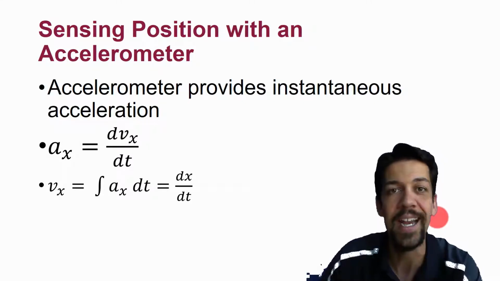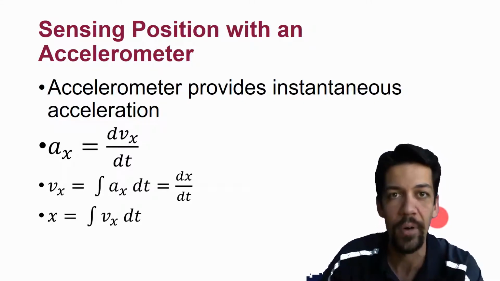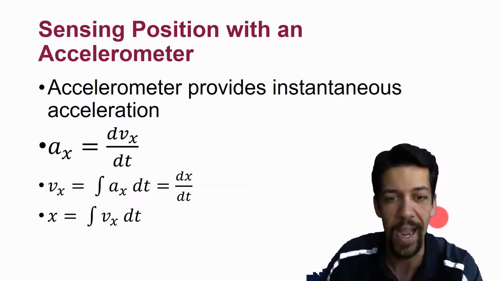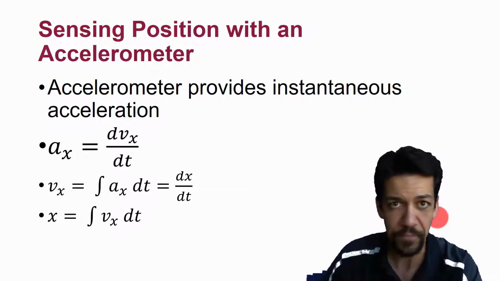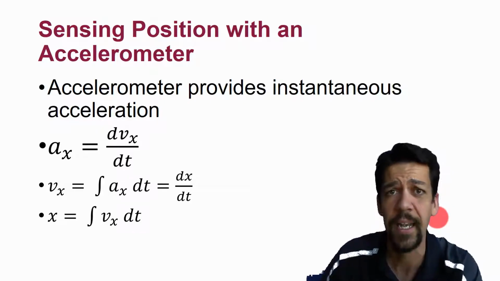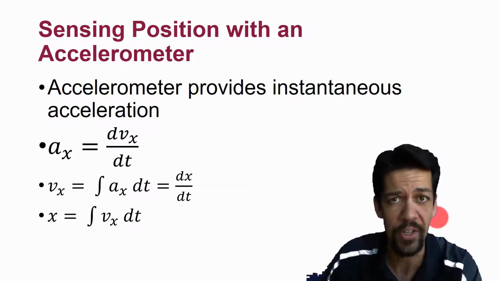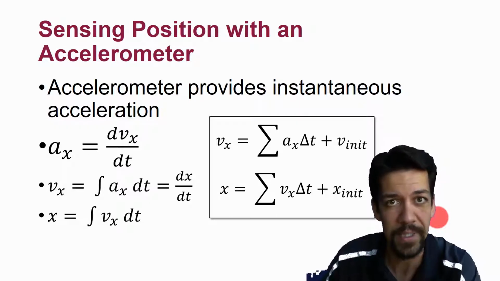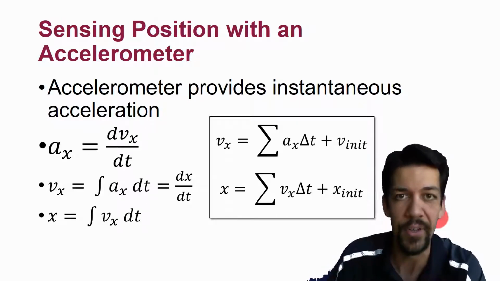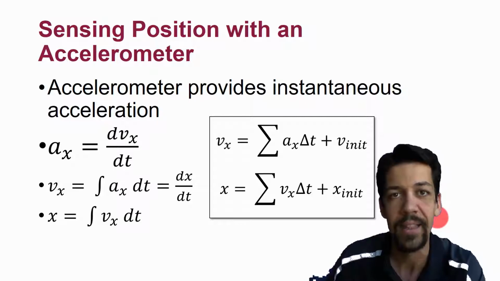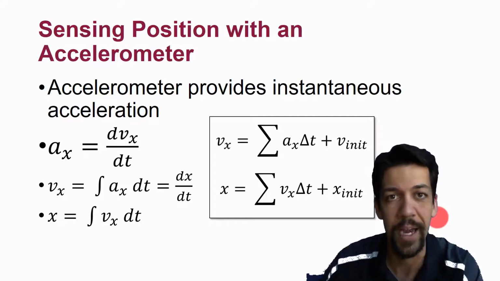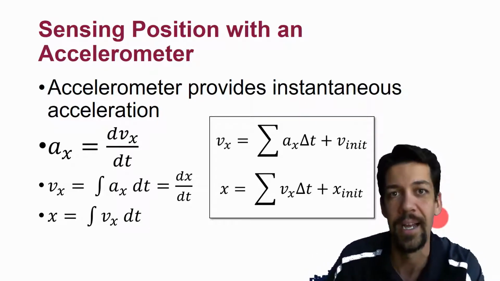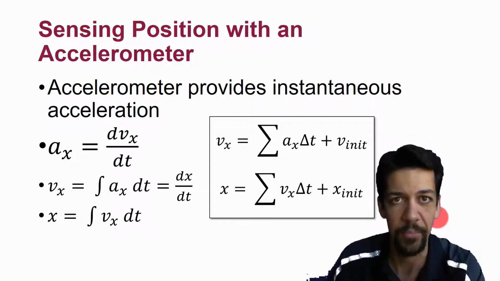So then we again have to integrate velocity in order to get our change in absolute position, our actual position, right? Now, again, computers don't like this, so we can convert these integrals straight to sums. We multiply our acceleration by the sample time, and add those all together to get our current velocity. Then we multiply our velocity times the sample time and add those all together to get our current position.